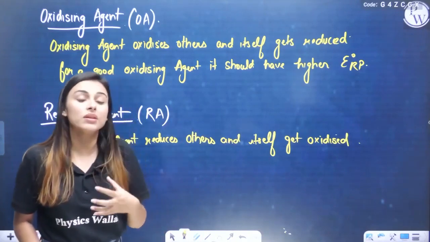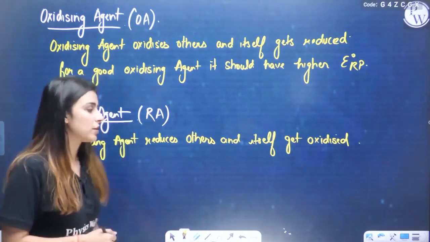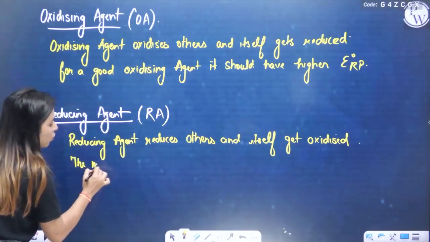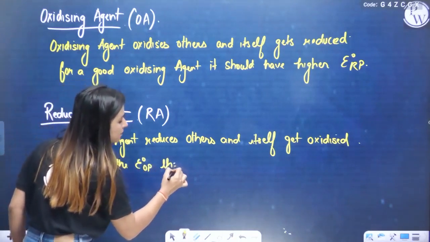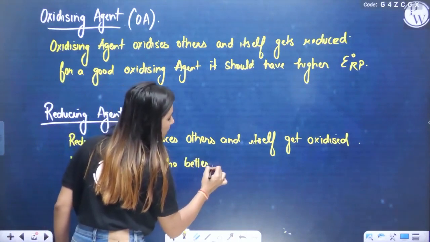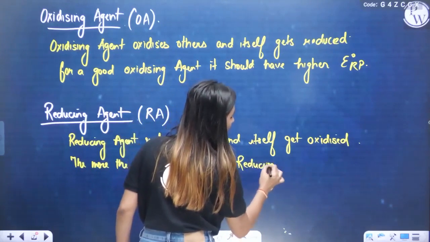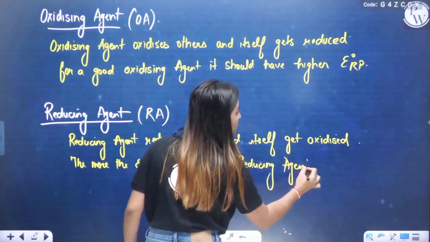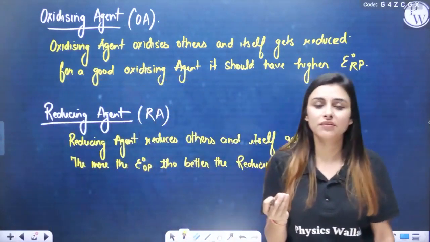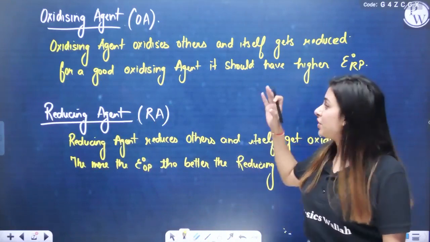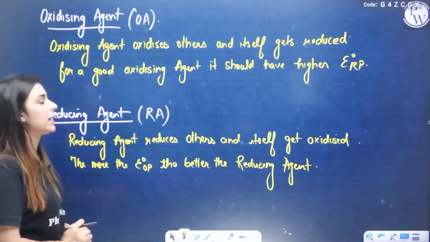Now since it will get oxidized, the more the oxidation potential, the better the reducing agent. Try to understand this with this particular concept only. Otherwise, if you try to memorize it, you will definitely get confused. Okay, I hope you're clear with the oxidizing agent and reducing agent part.